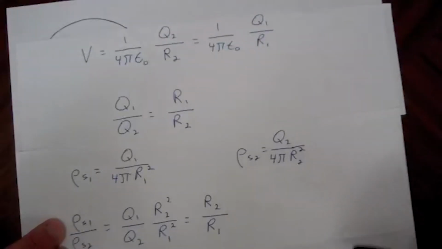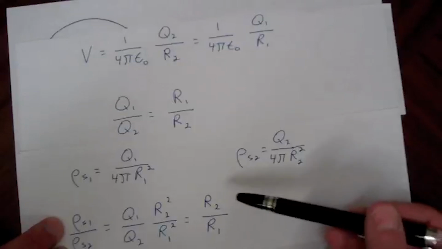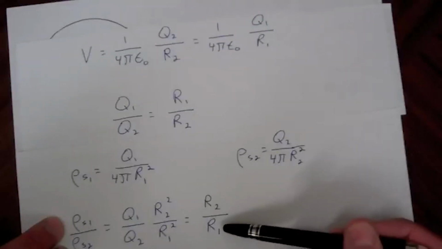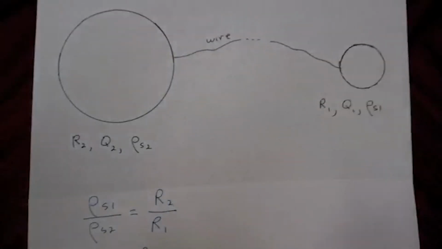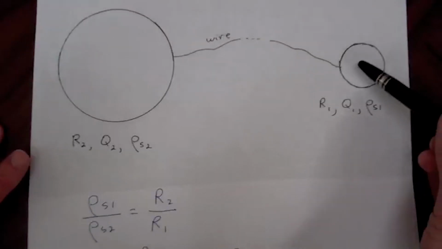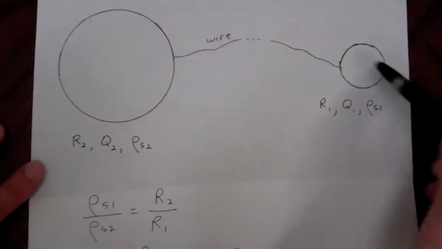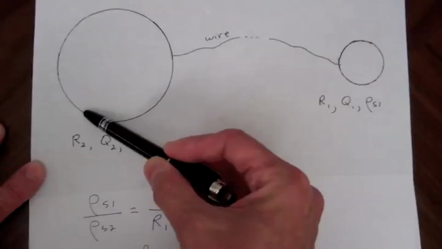So here we clearly see that the charge density will depend on the radius of the curvature at that point on our object. Let's assume the radius of sphere 1 here is 1 meter and the radius of sphere 2 is 5 meters.